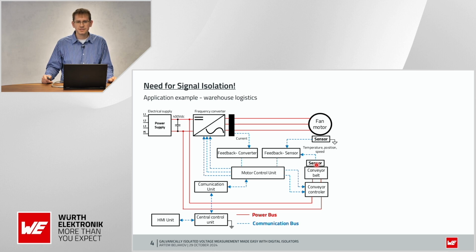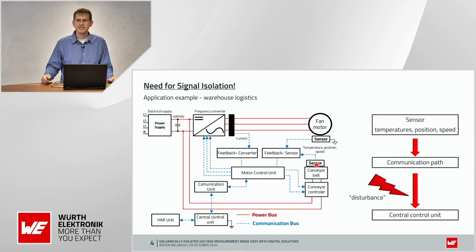It means long wires, long lines, and that means a large parasitic capacitance and inductance that can affect signal integrity in this communication part of the system. That's why isolation is required for preventing ground potential differences and for organizing reliable data transfer. In our opinion, digital isolators are the best solution for this task.